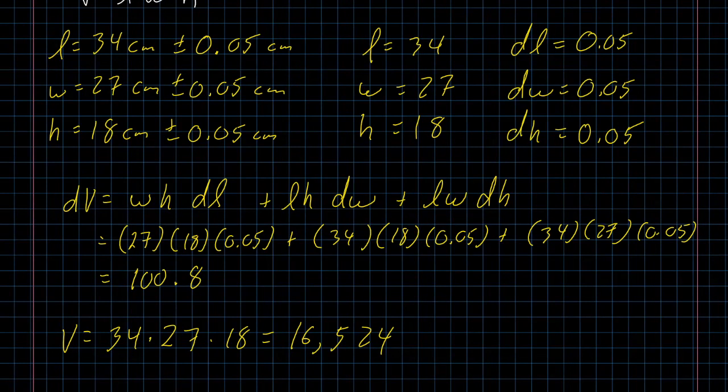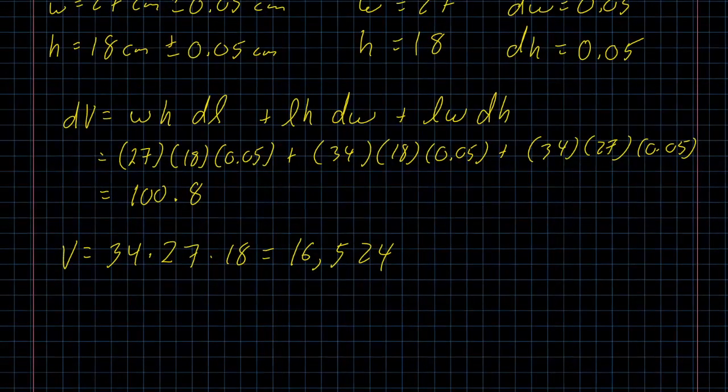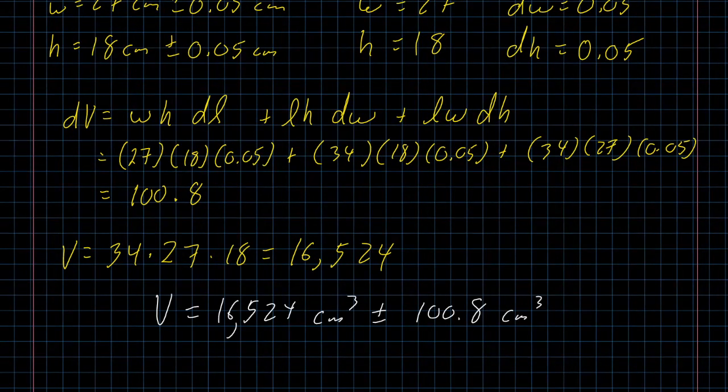So going back to how I set this up in the first place, I can combine these things to say that the volume is 16,524 cubic centimeters plus or minus 100.8 cubic centimeters.